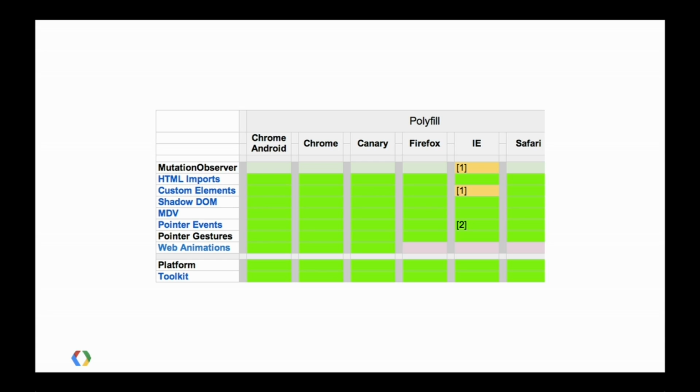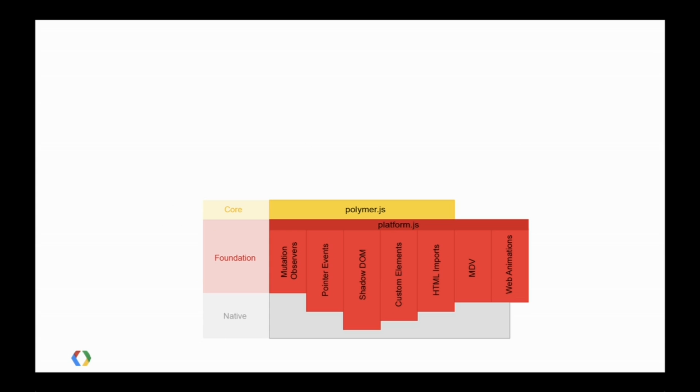Okay, so Web Components, this foundation layer, provides a lot of like a utility belt that allows you to build apps, but it's not everything you need. You need some higher level stack pieces to fit them together and really make them work together. We realized we needed to build a toolkit. This toolkit, which we call Polymer, weaves together all of the lower level pieces of the platform into a whole cloth for building applications.